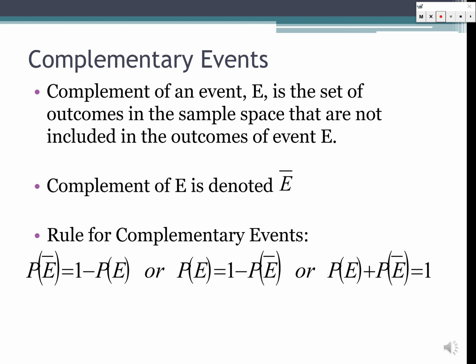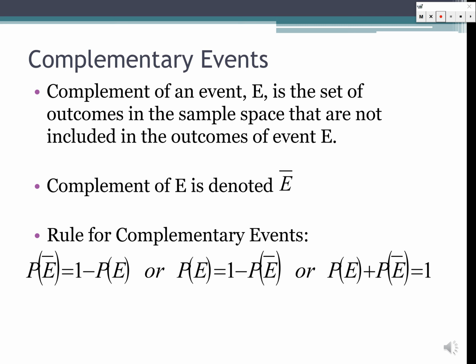So if I want to find the complement of an event, I can do 1 minus the probability of that event. Same thing works the other way. The probability of an event is 1 minus the probability of the event's complement. Again, we just saw we add together all the probabilities in my sample space, it totals 1.